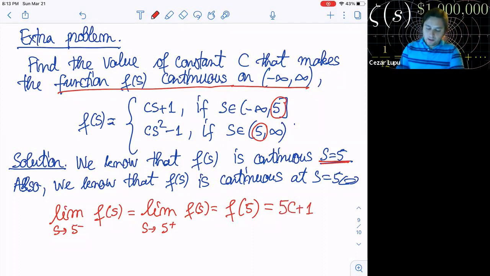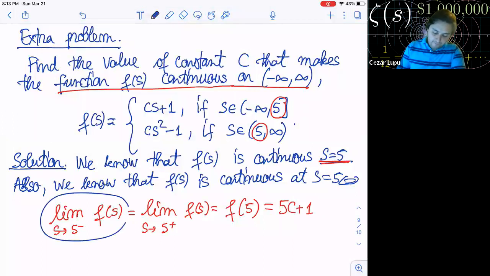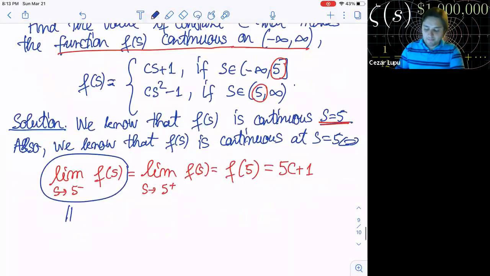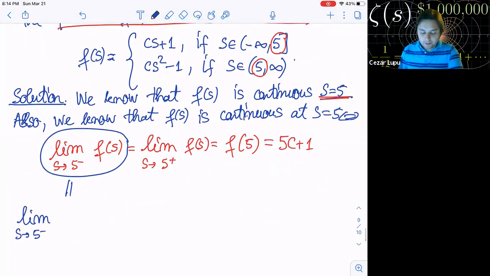Great. And now let's look at this one here. The limit as s approaches 5 from the left of f of s. I'm going to replace f of s by what? These are values of s which approach 5 from the left, which means values of s which are less than 5.